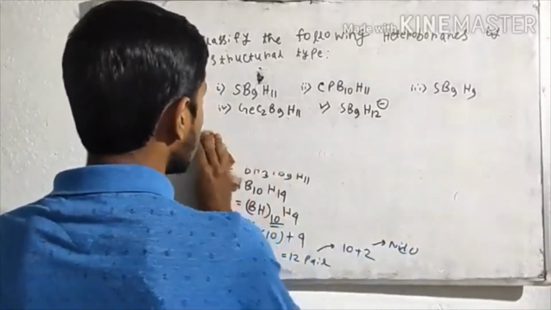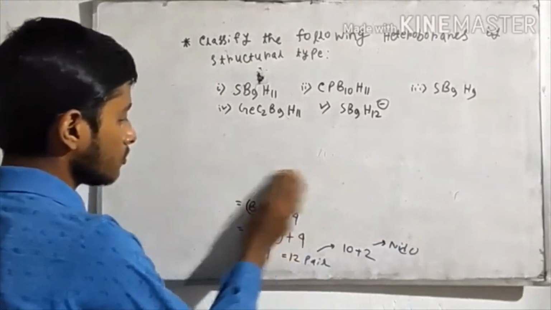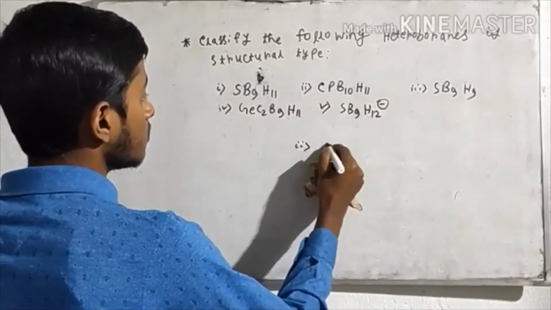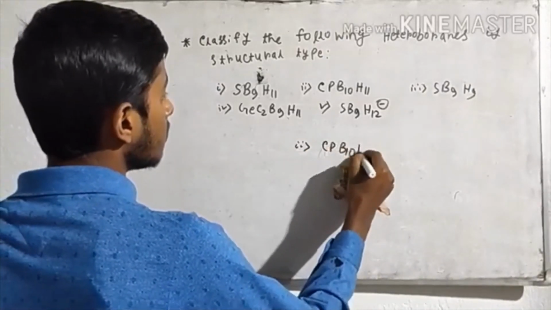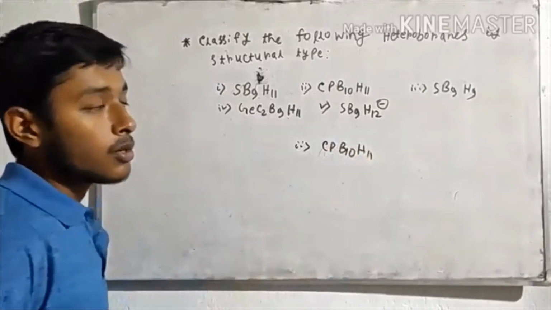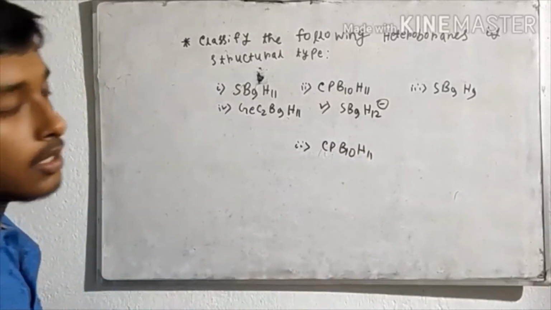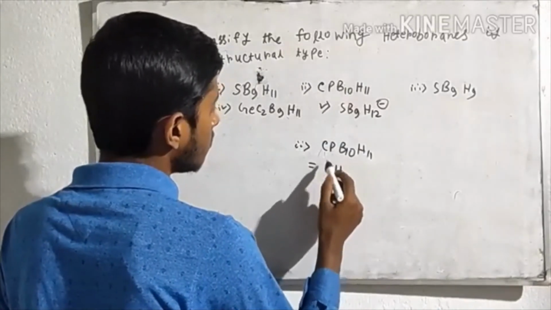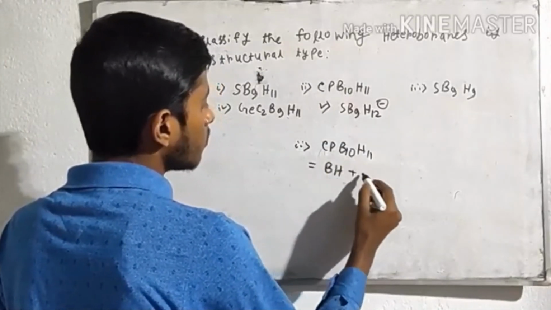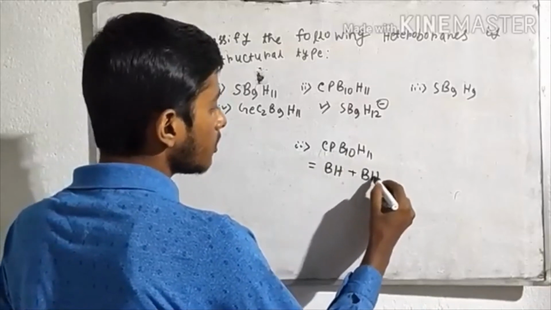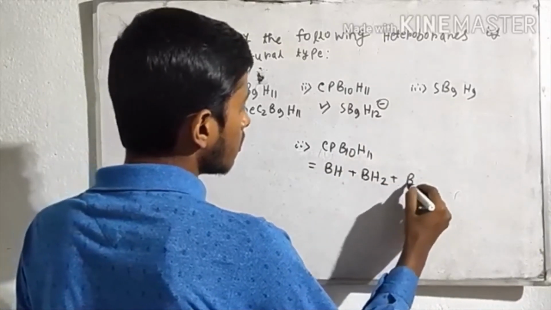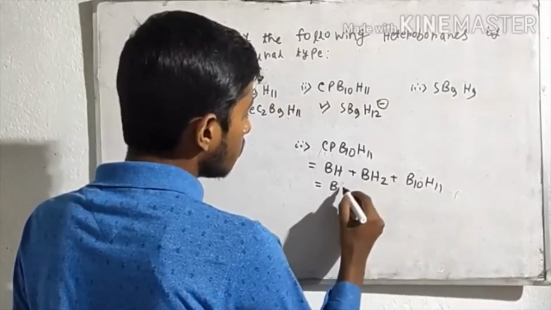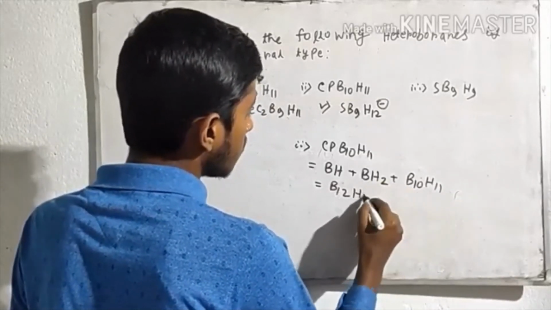Similarly, we can try number 2, CPB10H11. Carbon is a group 14 element, so it will be replaced by a BH unit. Phosphorus is a group 15 element, so it will be replaced by a BH2 unit. And the rest will be similar. So it will be B12H14.